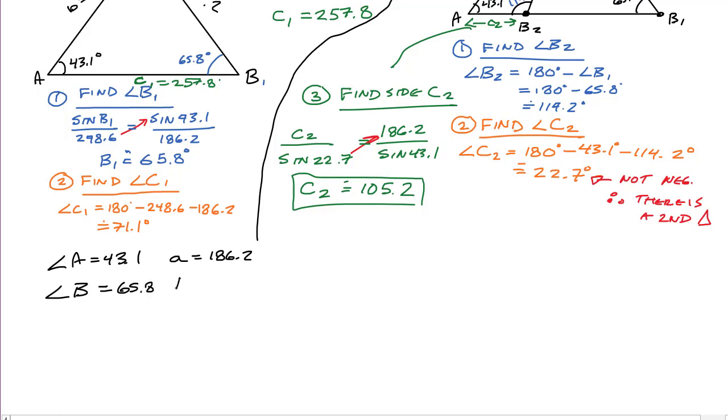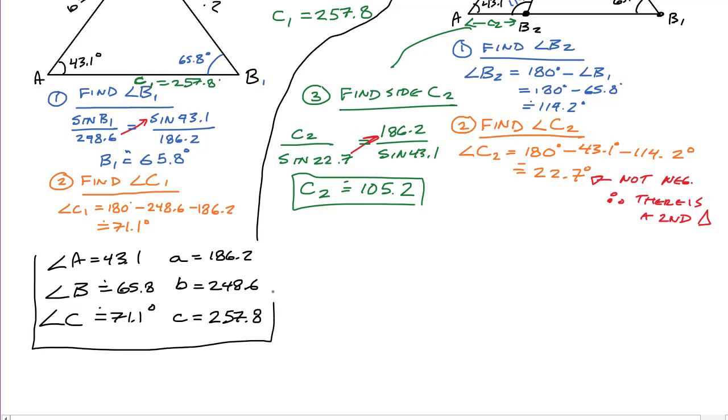And side B was given to us, 248.6. Angle C we got is approximately 71.1 degrees. And side C, boy, I lost it. What is it? 257.8 units. So there's triangle 1, right? There's all its possible stuff.